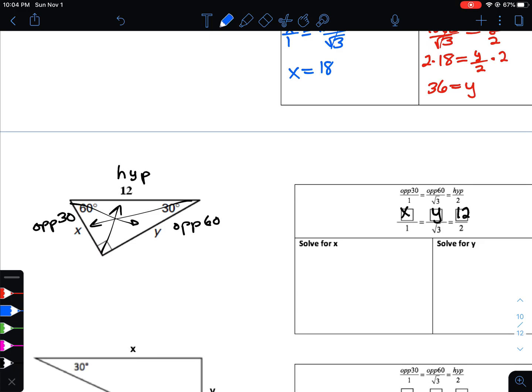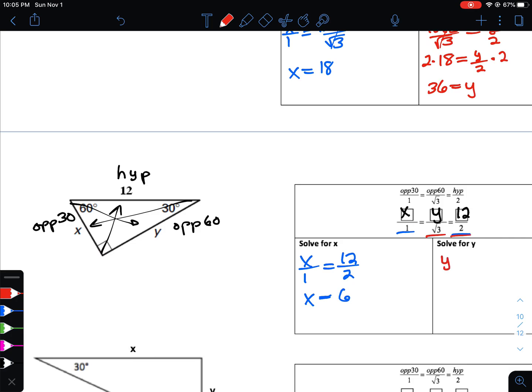So then to solve for x, we'll take x over 1, set that equal to 12 over 2. And then we just really have to simplify. X over 1 is just x. 12 divided by 2 is 6. So now let's solve for y.